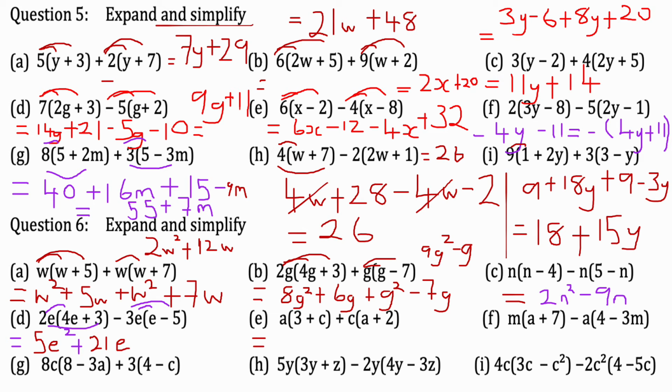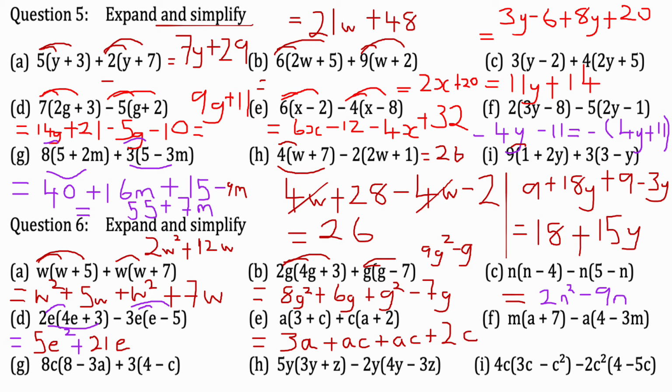Part E, expanding this bracket, I get a times 3 becomes 3a, and a times c becomes ac. And then c times a goes to ac, and then c lots of 2 goes to 2c. Now this time I'm going to be careful when I collect my like terms.